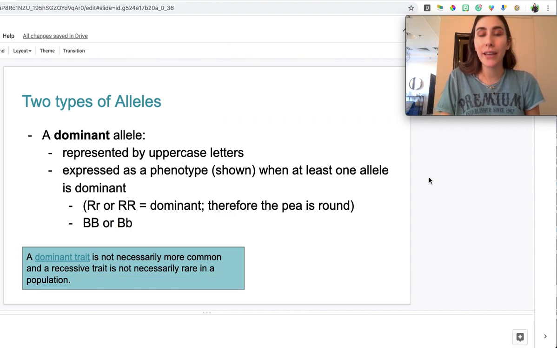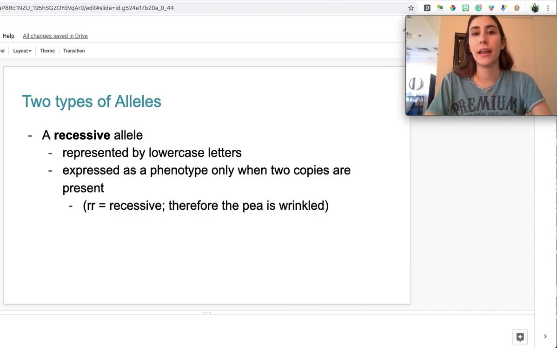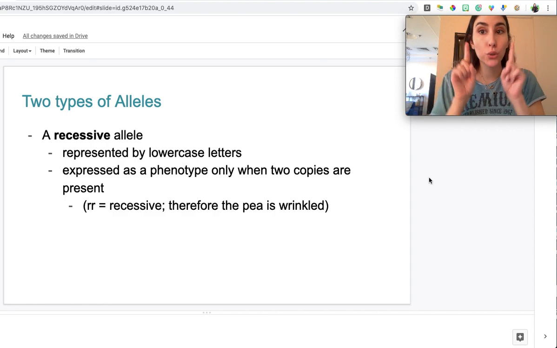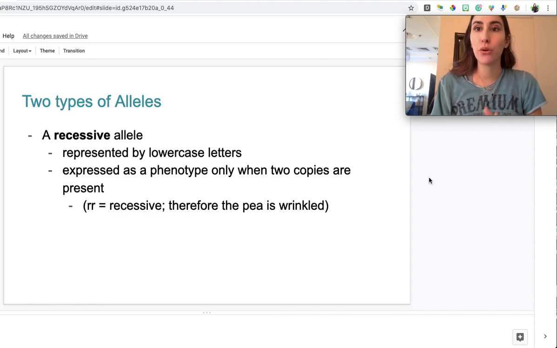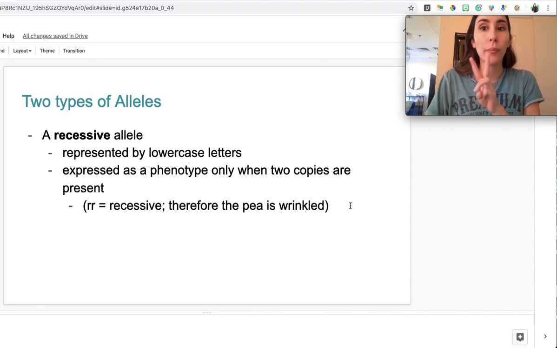Now, when can a recessive allele be shown? A recessive allele is an allele where 2 copies of it have to be present in order for it to be expressed. We usually represent recessive alleles with a lowercase letter, and it is only shown as a phenotype, as a physical trait, when 2 copies of it are present.